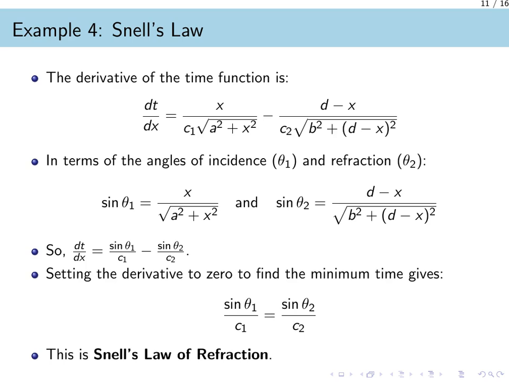The first part of the expression is simply the sine of θ1, our angle of incidence, divided by the speed of light c1. The second part is the sine of θ2, the angle of refraction, divided by the speed c2. When we set the full derivative to 0 to find the minimum, we find that the sine of θ1 over c1 must equal the sine of θ2 over c2.